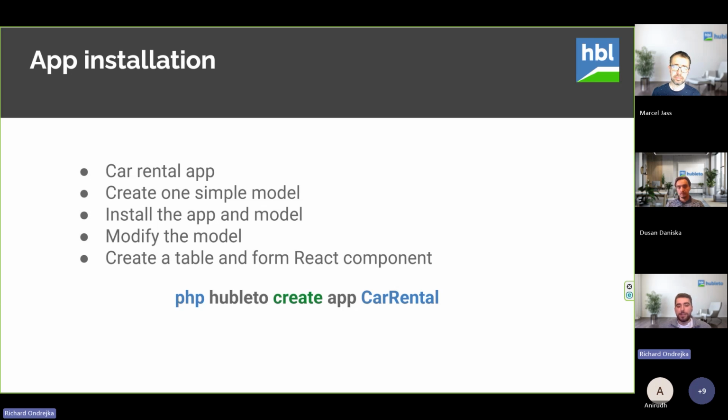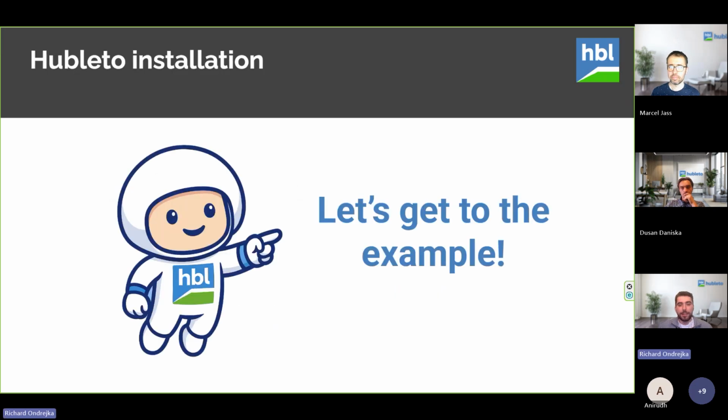On the bottom, you can see the command that we will use to create the app itself after the installation of Hubleto. Feel free to follow along if you want to create your own app.